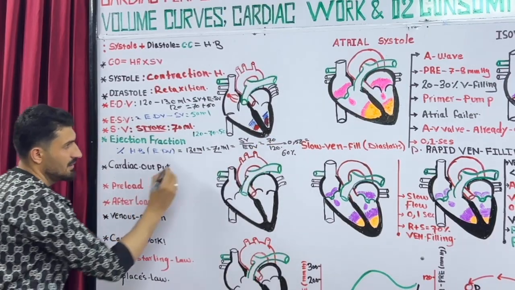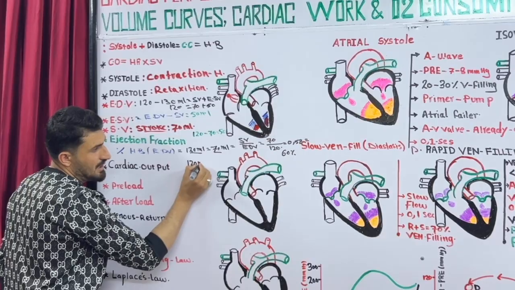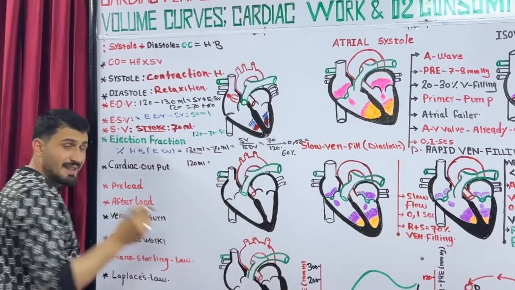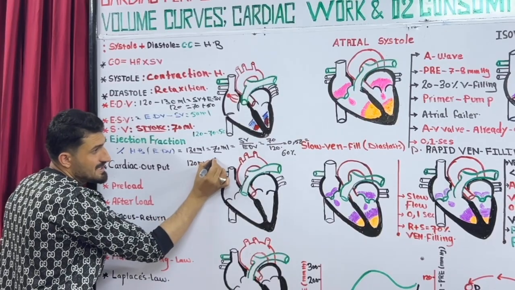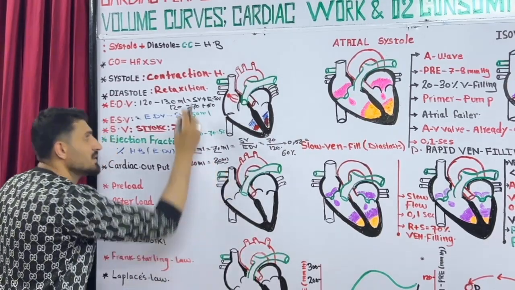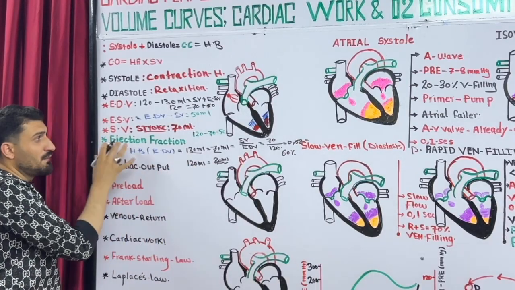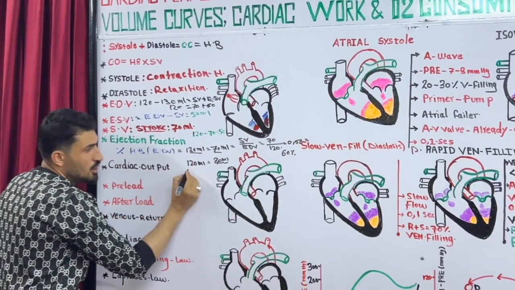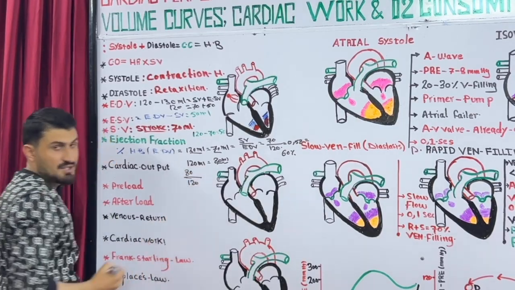Now listen to another example, so easy. For example, I have 120 ml of blood. This time this heart ejects around 80 ml of blood. So this 80 ml is simply stroke volume. But when you want to find the ejection fraction of this heart, you divide stroke volume by 120, the end diastolic volume.